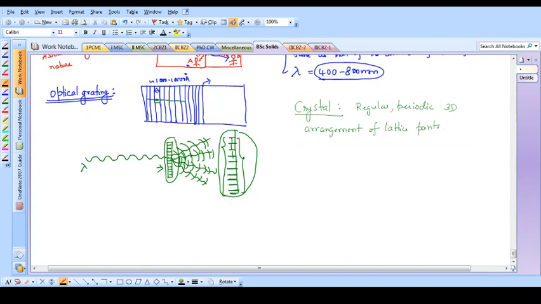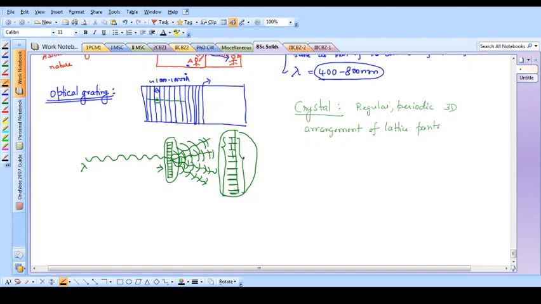So similar to an optical grating where there is a regular two-dimensional systematic arrangement of well separated lines, a similar behavior is observed in a crystal. But the only thing is, in a crystal it is not a two-dimensional regular arrangement, it is a three-dimensional regular arrangement. So this gives us an opinion that a crystal can also behave like a diffraction material.